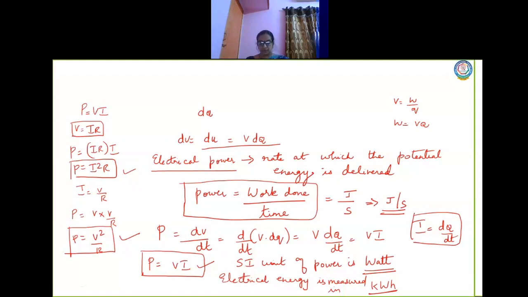So this is a very important example, and there is one more example, children, 2.16. The question is: two electric bulbs marked 20 watt 220 volt and 100 watt 220 volt are connected in series to a 440 volt supply. Which bulb will be fused?